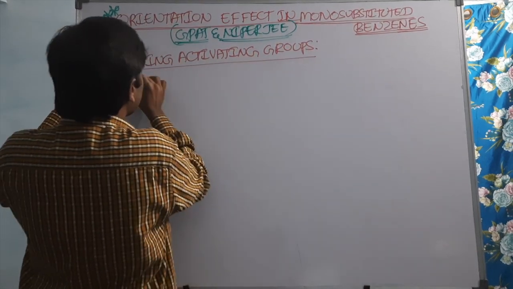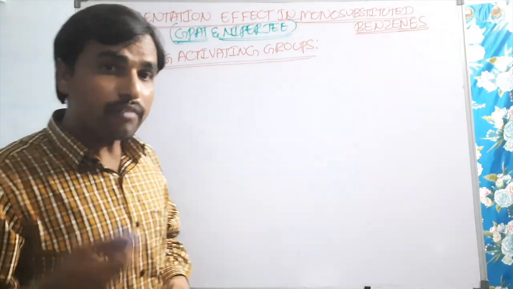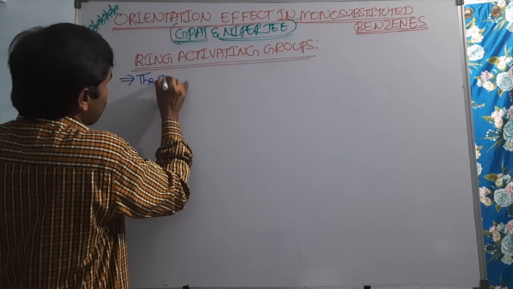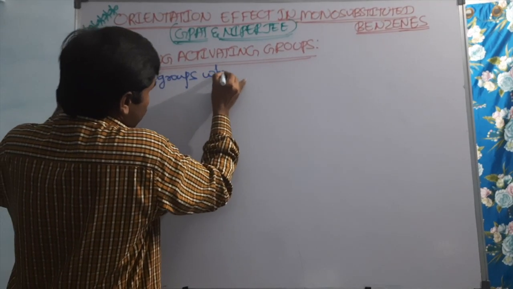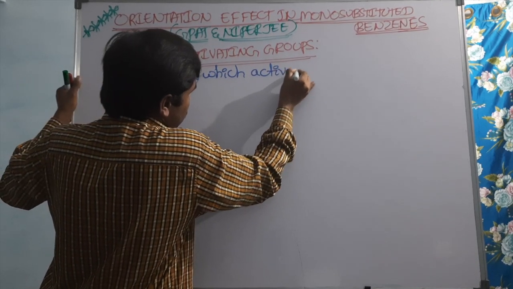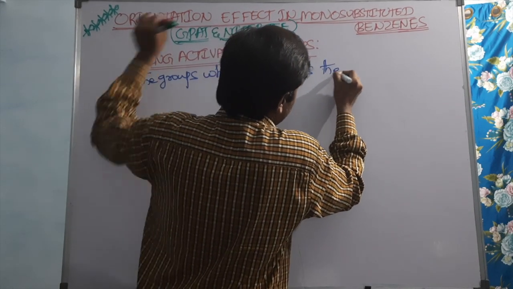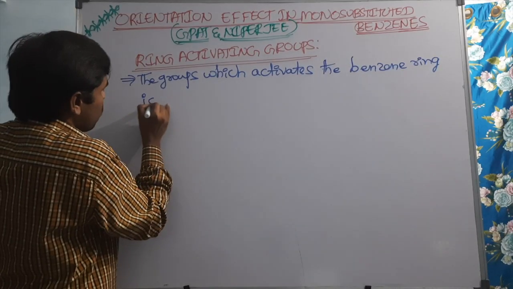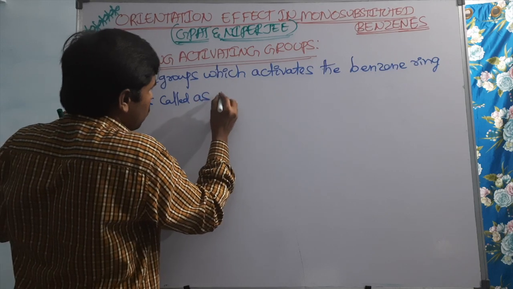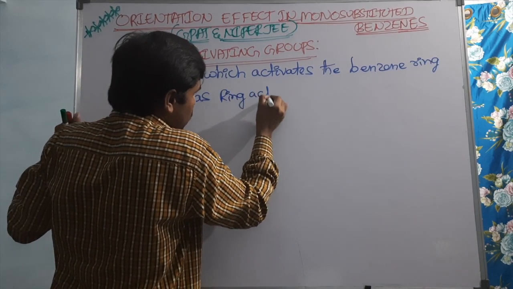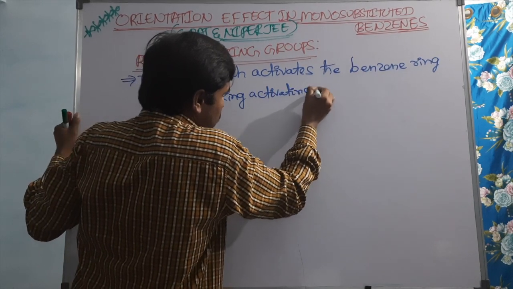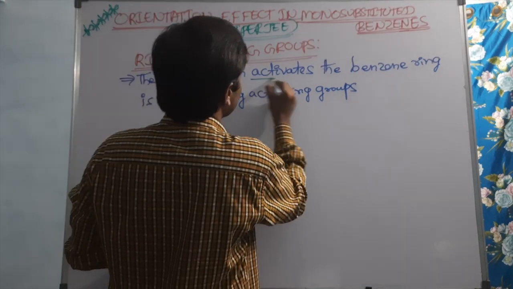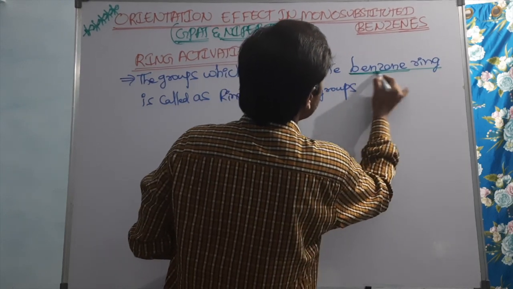So coming to ring activating groups, the groups which activate the benzene ring are called ring activating groups.